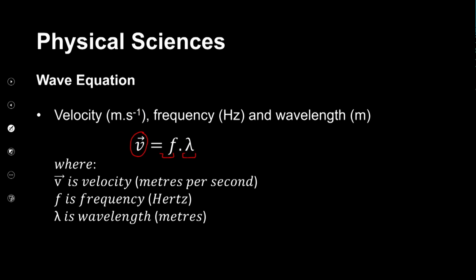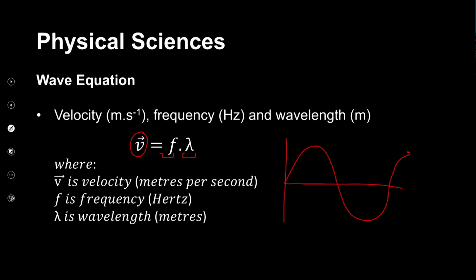You should already know that the frequency of a wave is the number of times the wave passes a particular point per second. And the wavelength is the distance between any two consecutive points of a wave that are in phase.